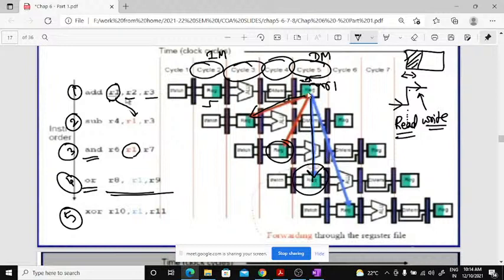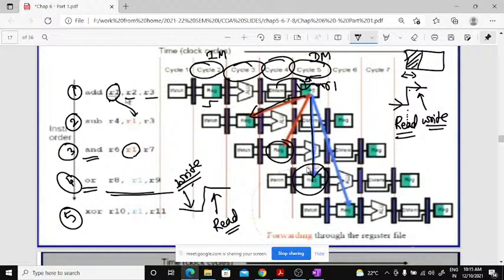Means in the first half cycle, suppose there is a clock pulse, then the write operation happens, means it is writing the data from this particular stage to this particular stage, okay. And during the next half cycle it performs the read operation, okay. Means the circuit is designed in such a way.